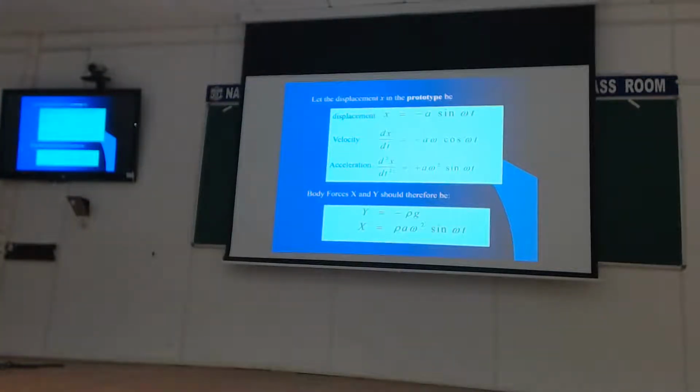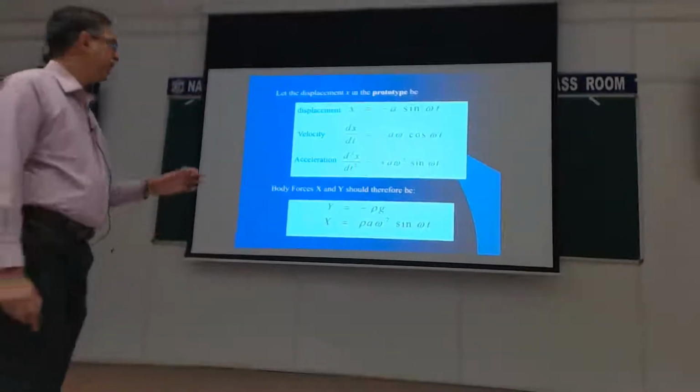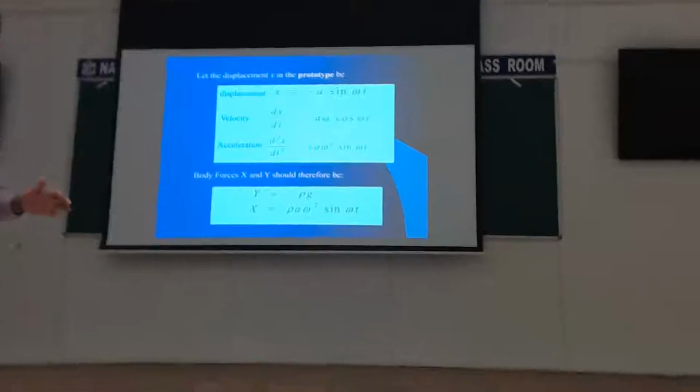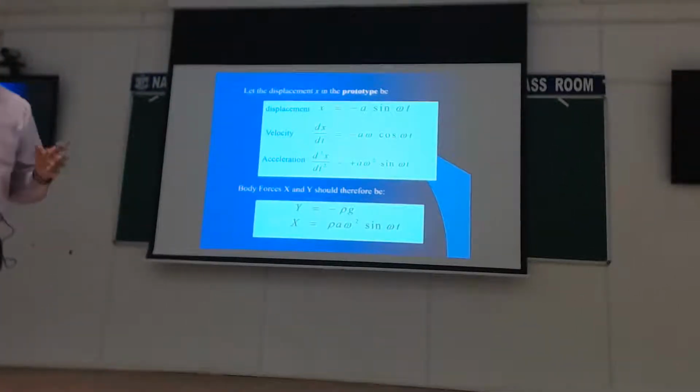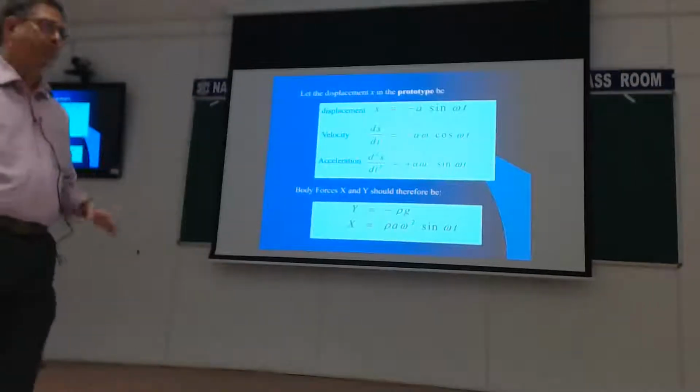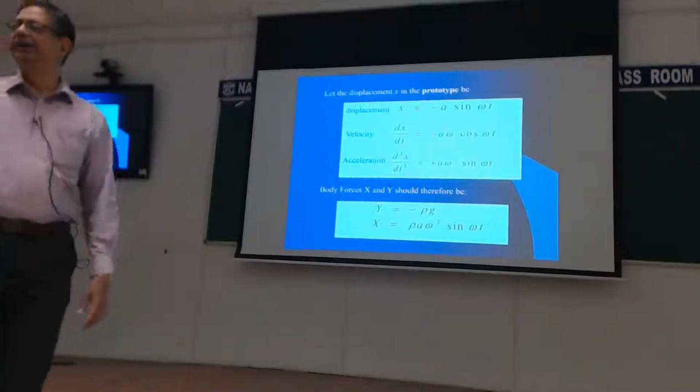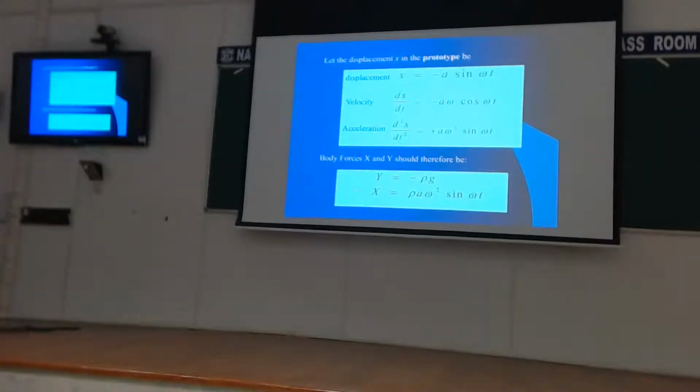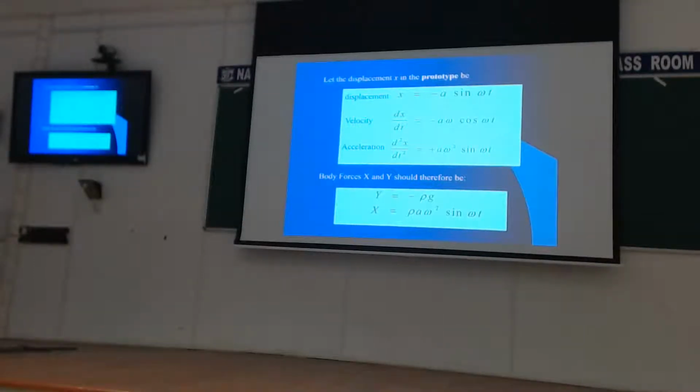Now let's assume that I can represent somehow the displacement that is seen in this element as minus a sine omega t. The minus is just to give it positive accelerations. It doesn't really matter. So if I differentiate that once, I get velocity. Differentiate it again, I'll get acceleration.